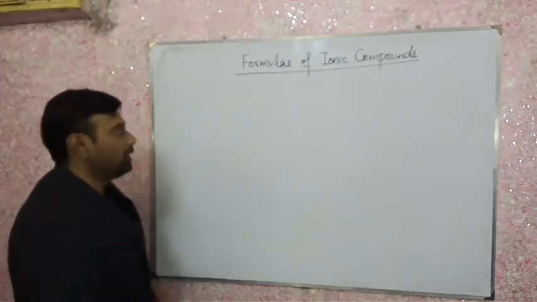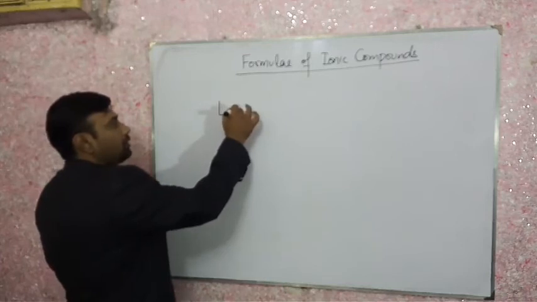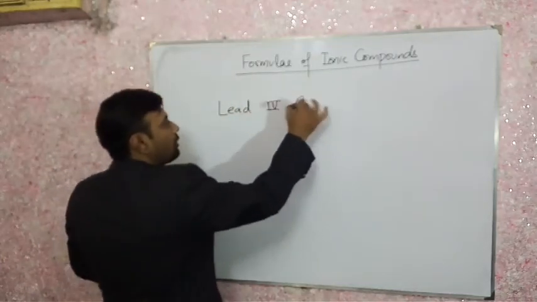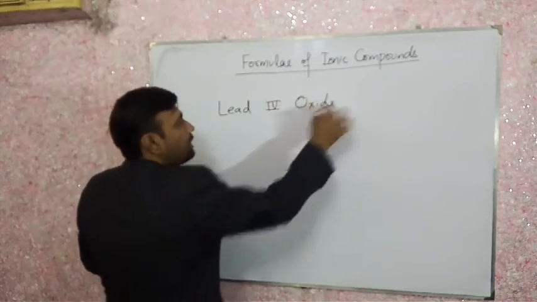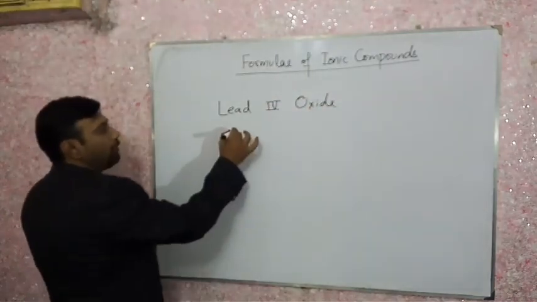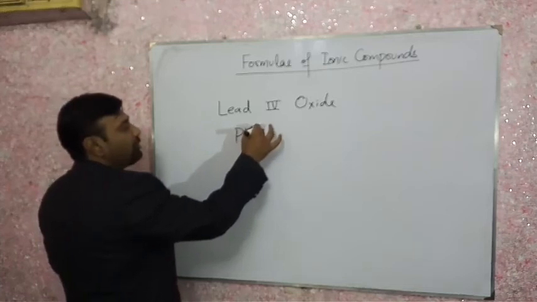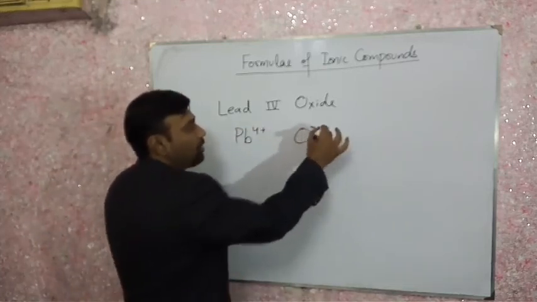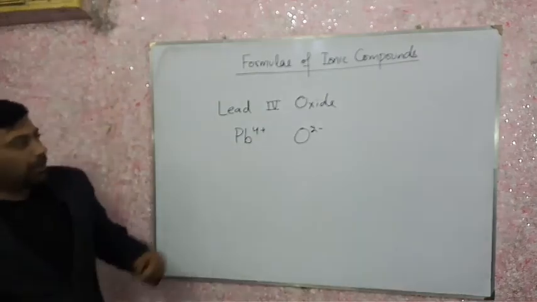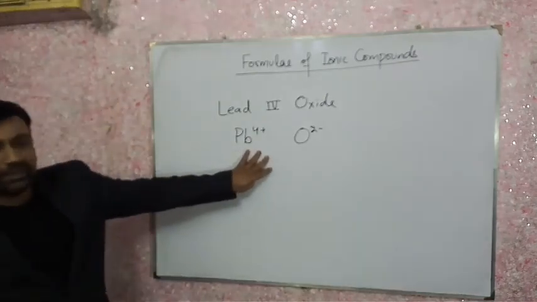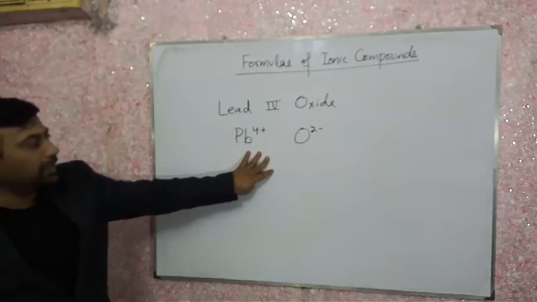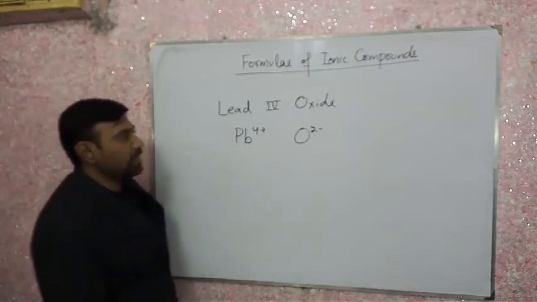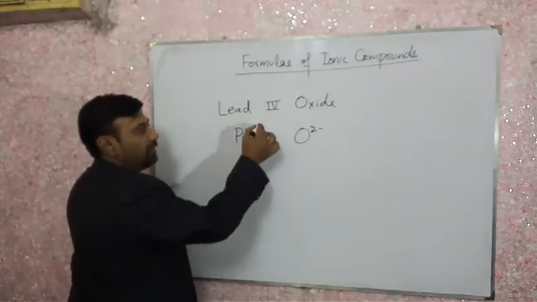Now take another example. Lead(IV) oxide. On lead we have a charge of Pb4+ and on oxide it's 2 minus. Now in this case, we do not need to directly crisscross the values of charges because these charges can be simplified.